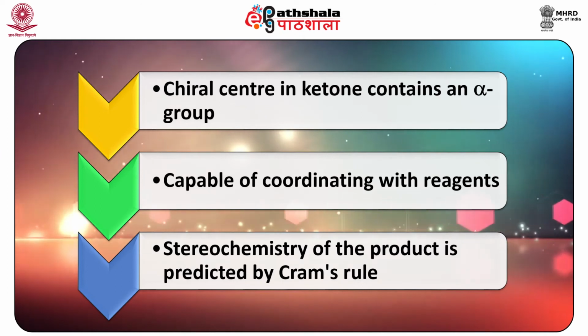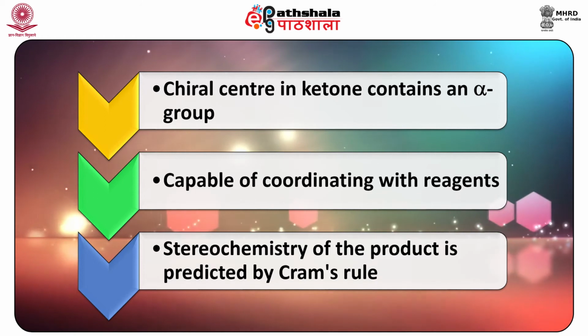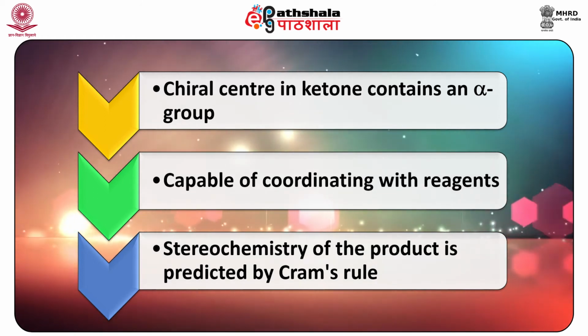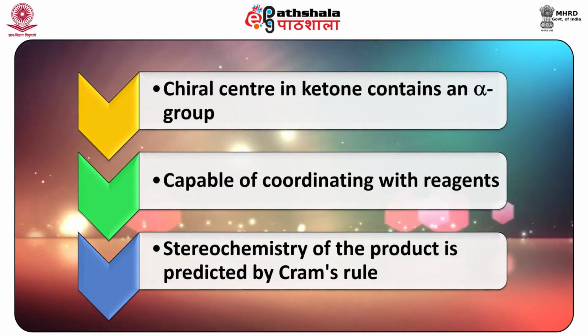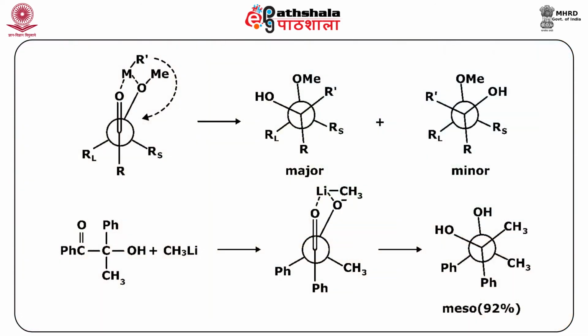If the chiral center in the ketone contains an alpha group such as OH, NH2 and OMe, which is capable of coordinating with the reagents, the stereochemistry of the product is predicted by Cram's rule based on the rigid chelate cyclic model as in structure 6, all shown in figure 7, in which the metallic part of the reagent is doubly coordinated to form a 5-membered ring.